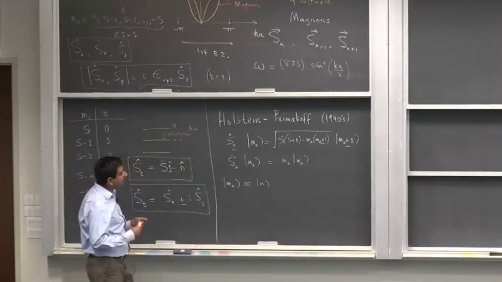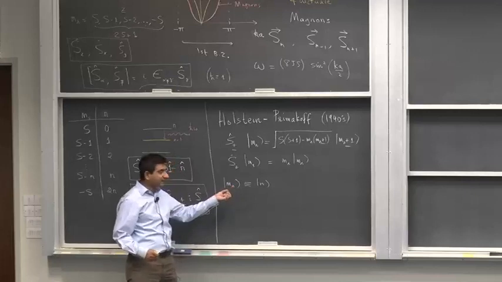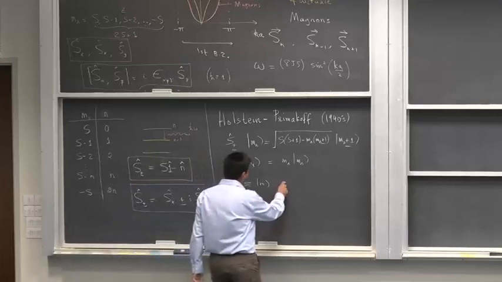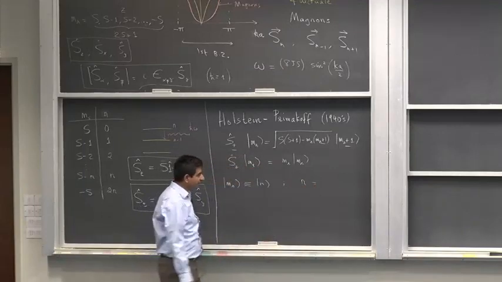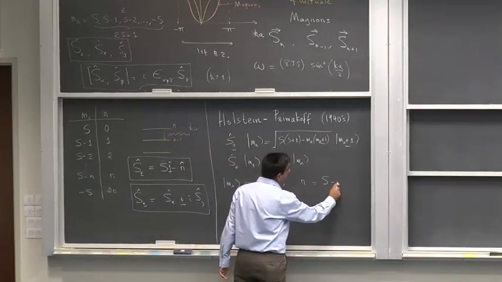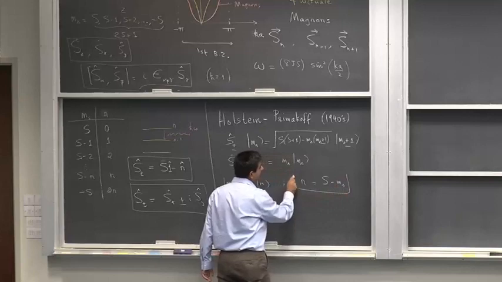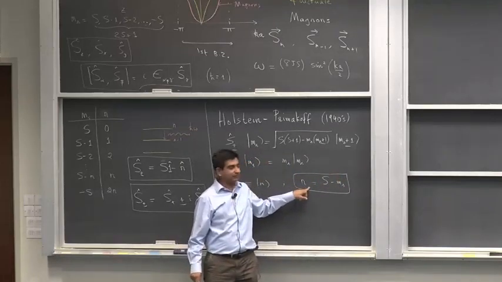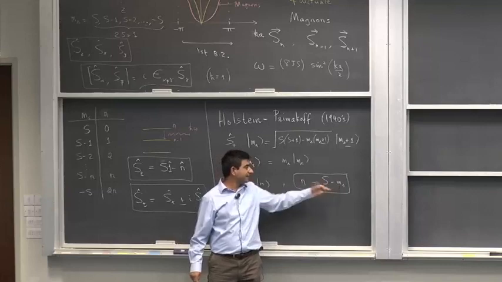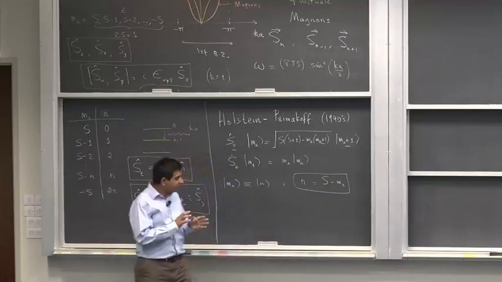And I will have a certain relationship between n and ms, these labels. So the number of magnons or bosons inside the system is s minus ms. If ms equals s, I have 0 magnons. If ms equals minus s, I'll have 2s magnons. So the relationship goes as this.